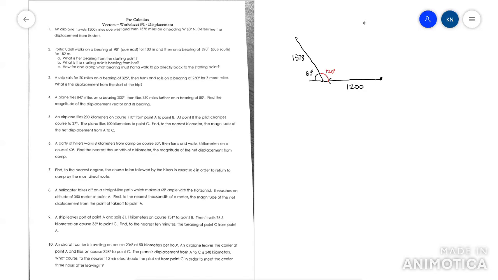They want to know the displacement from the start. So displacement is your distance from your start. This right here is what they want to know. This one's actually pretty easy. Since you have the red angle and you have these two sides, you can run a law of cosines. So it would look like this.